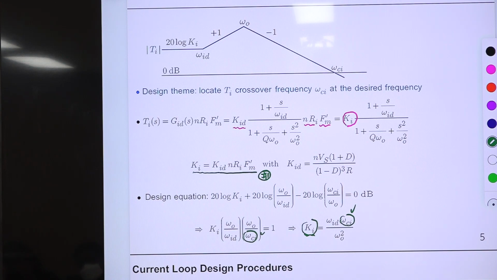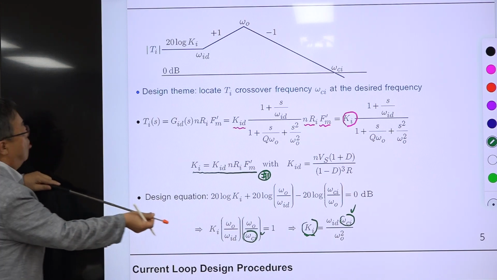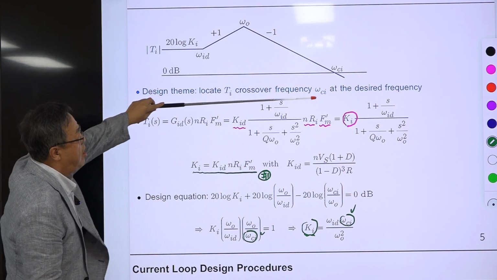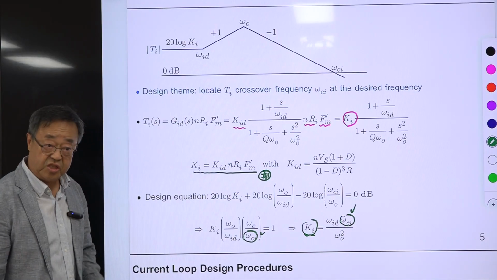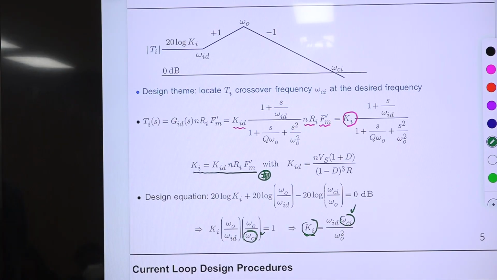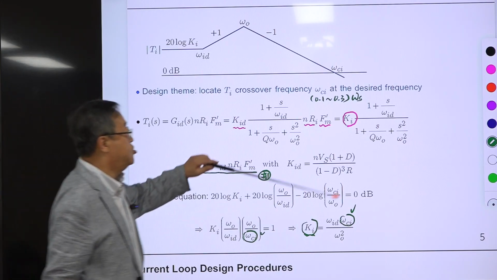Okay. This indicates the theme of current loop design is to select omega Ci at the desired frequency. Usually, this omega Ci will be located between 0.1 to 0.3 of omega S, the switching frequency of your converter. So this is the general rule.